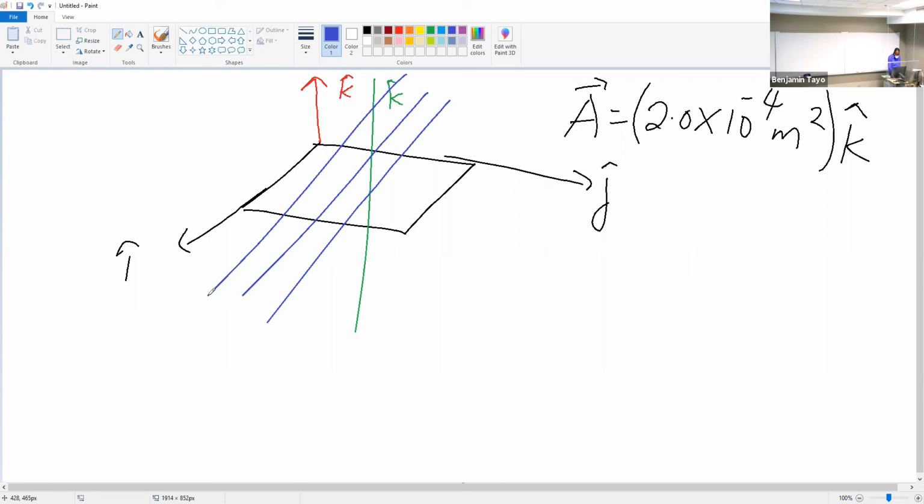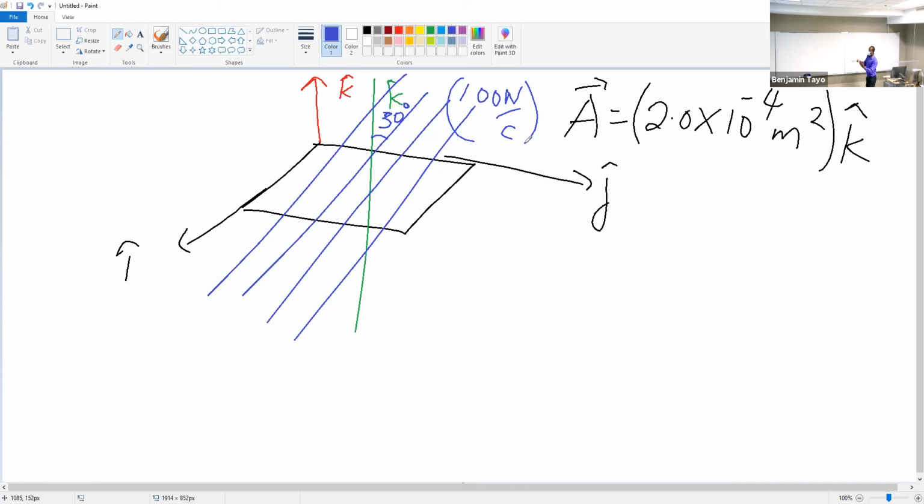It's not directly along it, it's such that it makes some angle with this, let's say 30 degrees. And again, it's still 100 Newton per Coulomb. So the electric field still has a magnitude of 100 Newton per Coulomb.